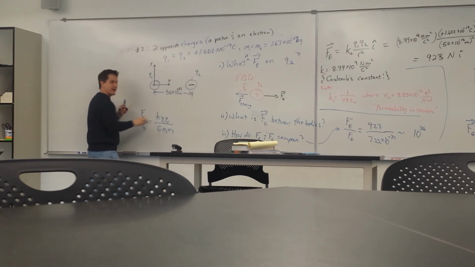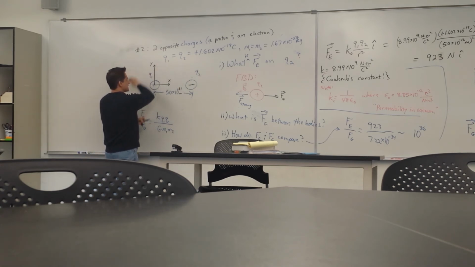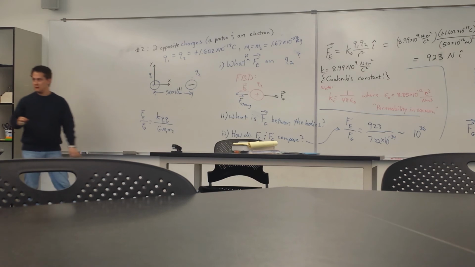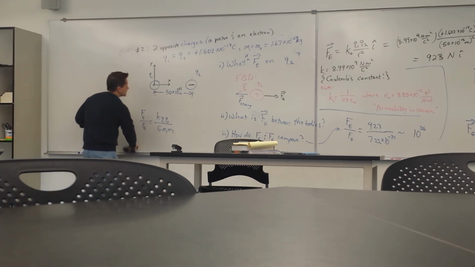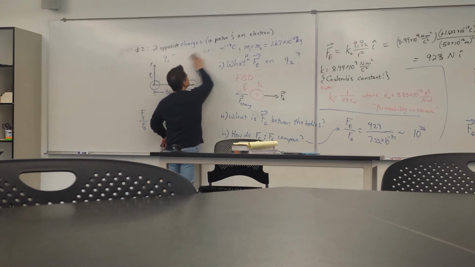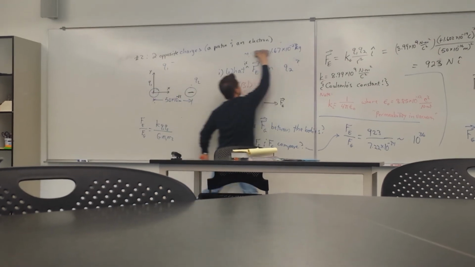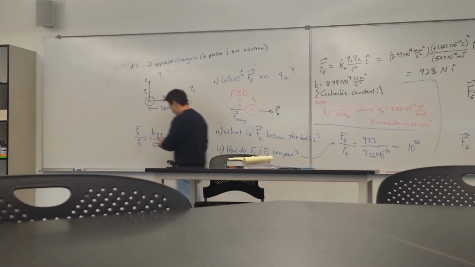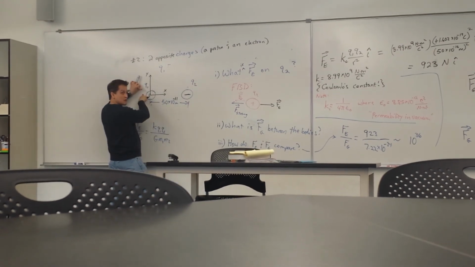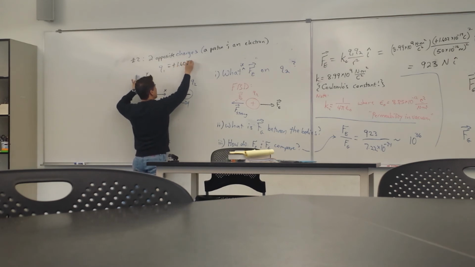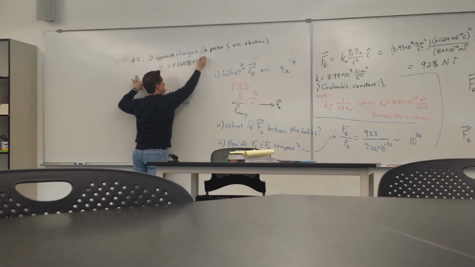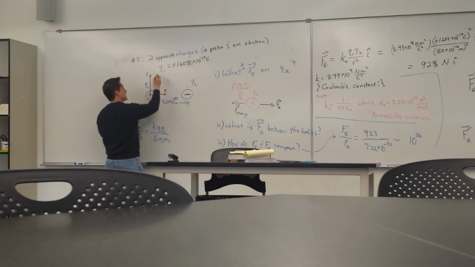Now there's a subtle difference here. For the positive charge, the proton, its value is 1.602 times 10 to the negative 19th coulombs. But Q2 has a value of negative 1.602 times 10 to the negative 19th coulombs.